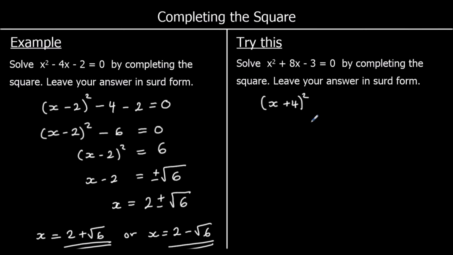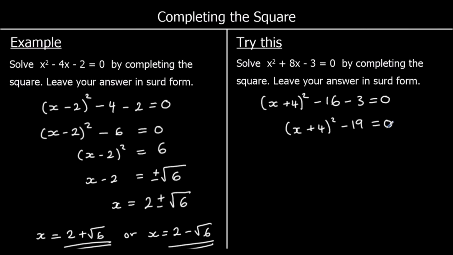If we expanded this, we'll get x squared plus 8x, but we'll also get a 16, which we don't want. So let's take away 16, and we've still got the minus 3 equals 0. So that is (x plus 4) squared minus 19 equals 0.